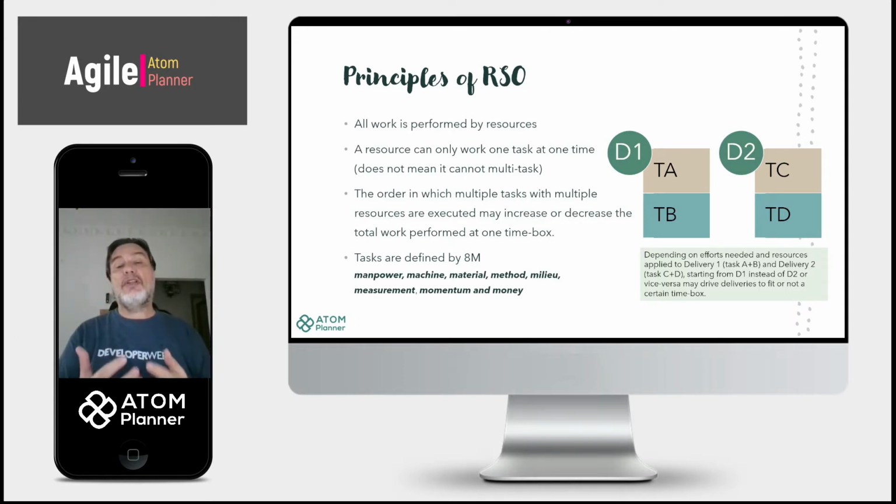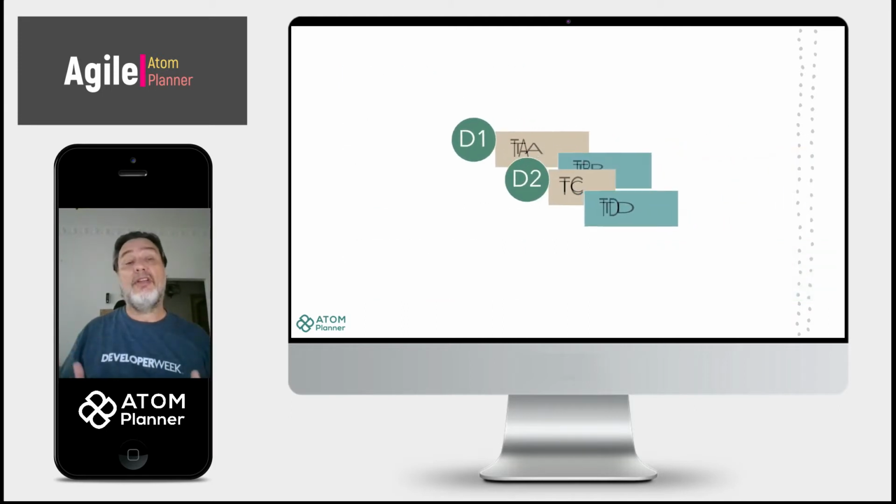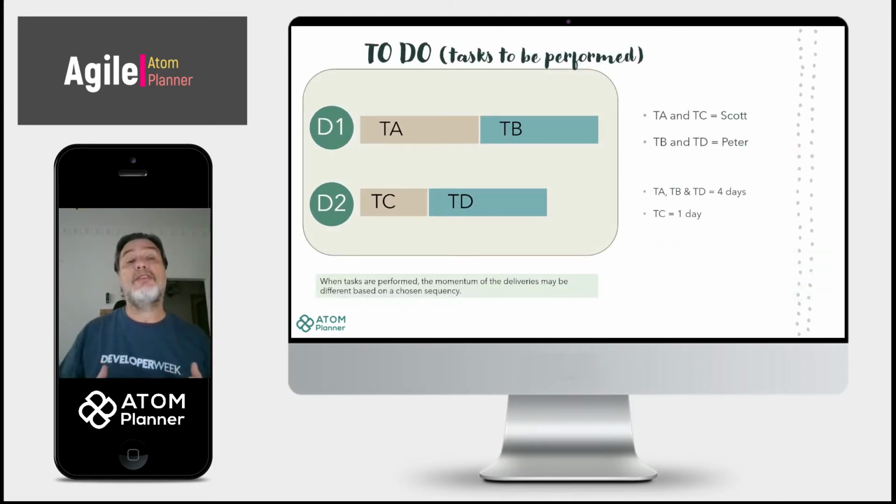And this is what we're going to see when we bring some scheduling intelligence from the resource management perspective into the understanding of the tasks that are being performed. Here is our time box in which I need to get tasks delivered, and we're going to put on this time box our Delivery 1 and our Delivery 2.